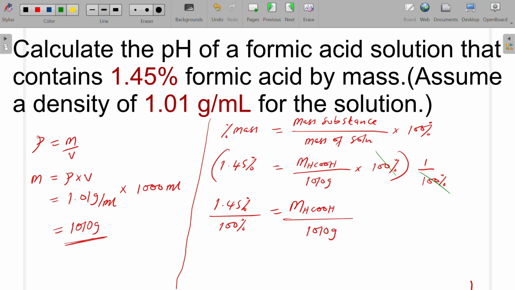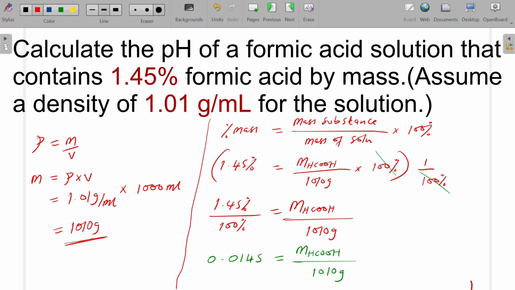So we need to divide 1.45% by 100%. Let's see what we get when we do that. What we are getting is 0.0145 on this side, which will be equal to the mass of formic acid divided by 10 grams.